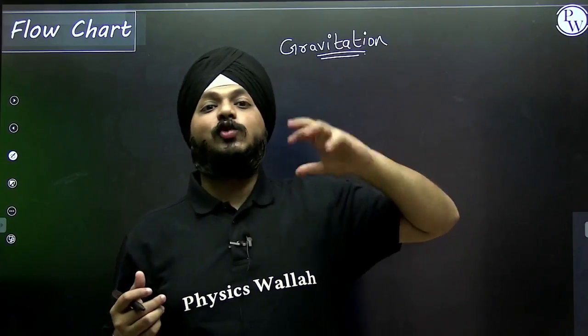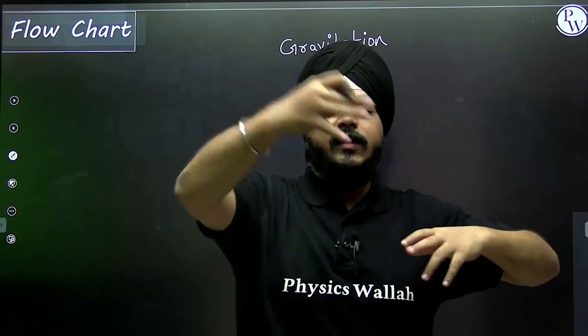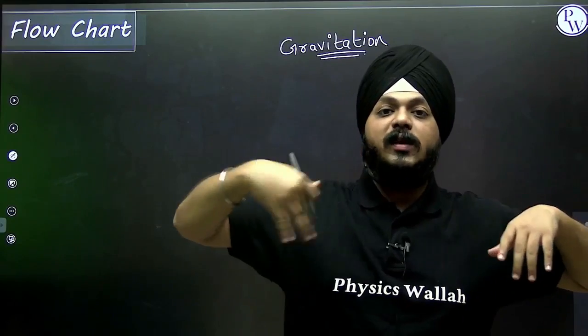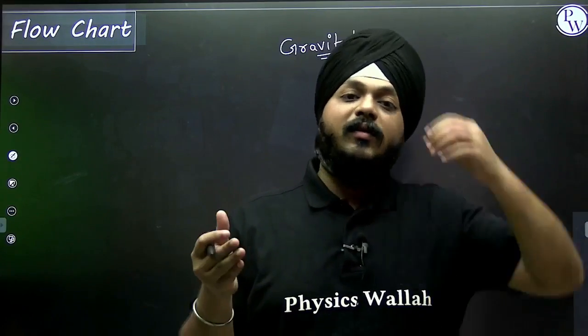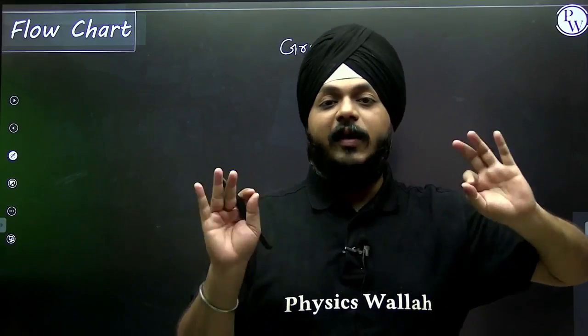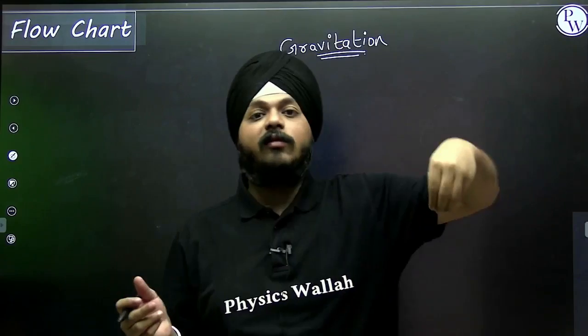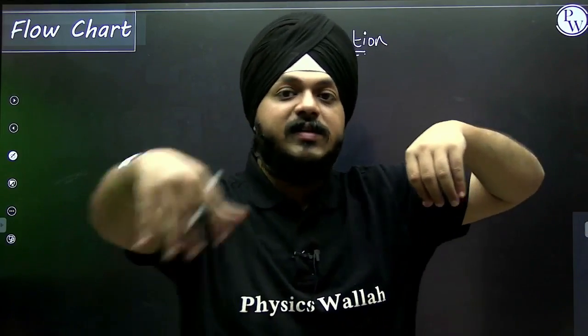Slowly we went on to the assumption that Earth is at the center and the rest of the planets of the solar system and other astronomical objects are revolving around the Earth. After that came the assumption which is almost correct, that the Sun is at the center and Earth with all other astronomical objects is revolving around the Sun.